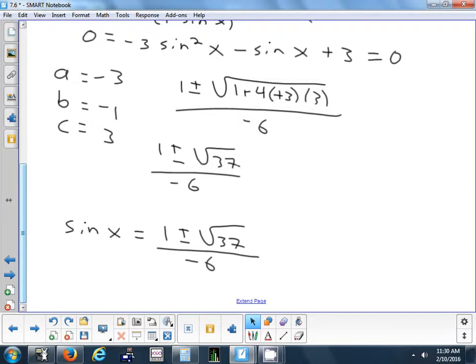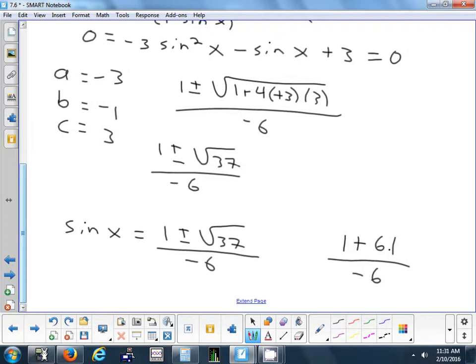Let's think about this in your head. The square root of 37 is a little bigger than 6. So if you did 1 plus a number that's a little bigger than 6, you'd get a number a little bigger than 7 in the top.